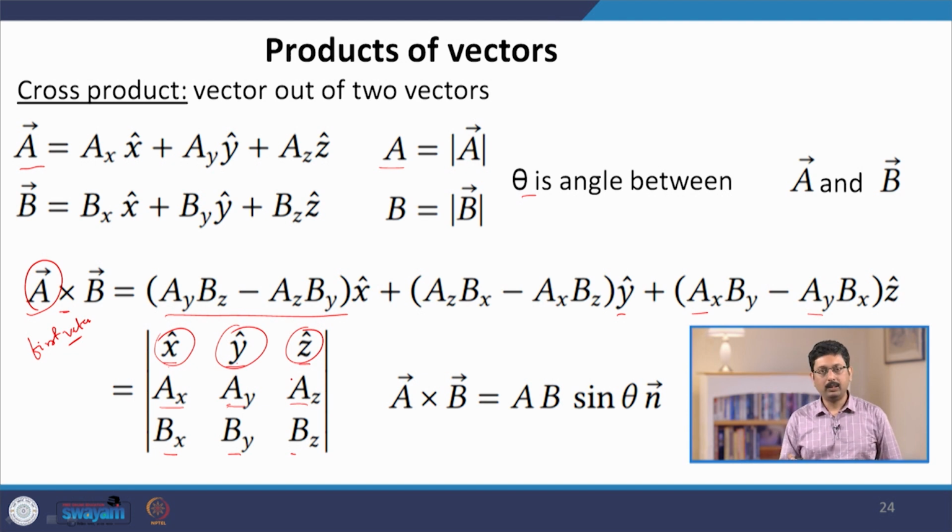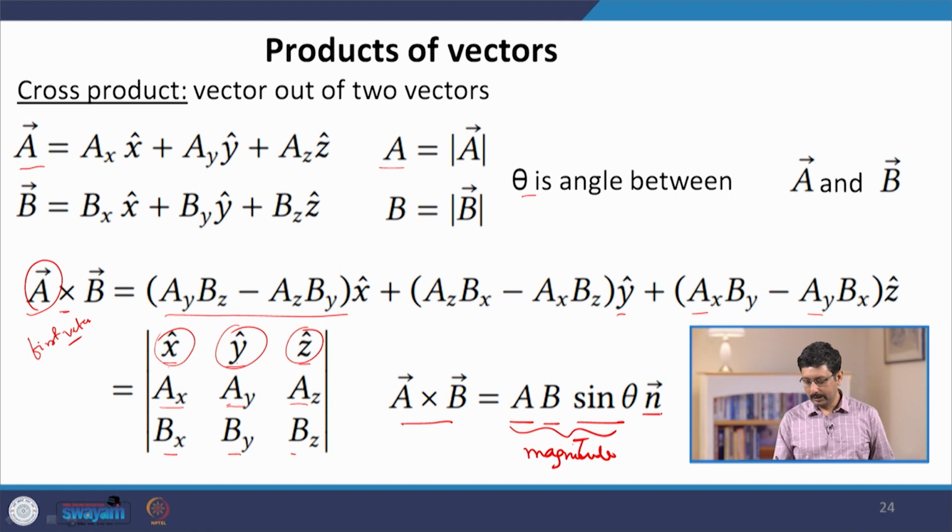Now, there is a second way, just like in the dot product we can define it in terms of the magnitude and angle between vectors. The cross product is defined as the magnitude of A, the magnitude of B, which is the second vector, times the sine of the angle between them, and this represents the magnitude.